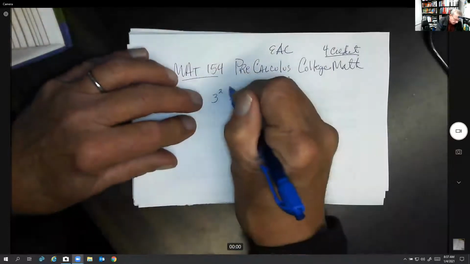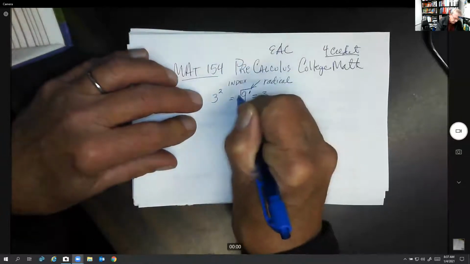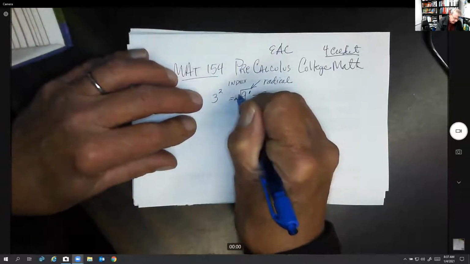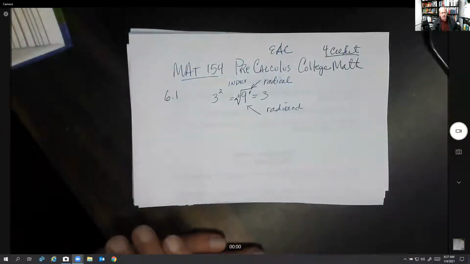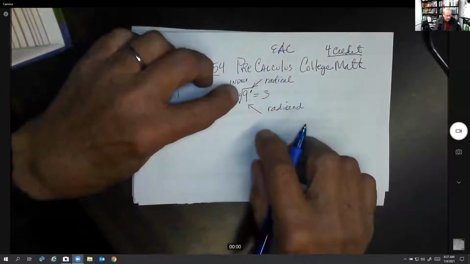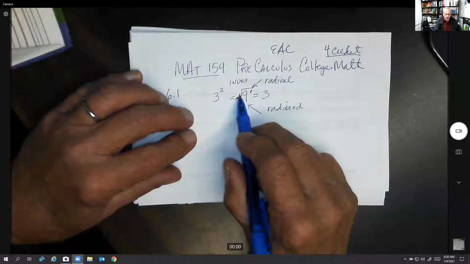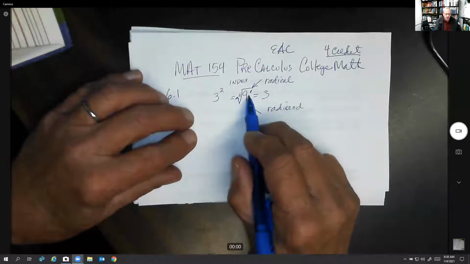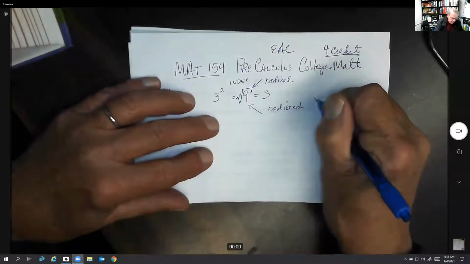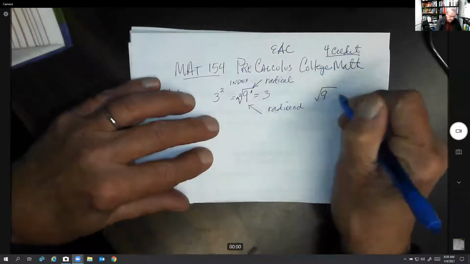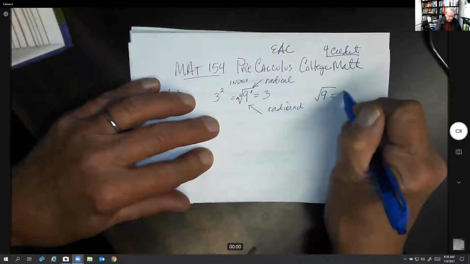And it has something called an index. An index is the number in front of this, and it kind of squeezes right in here, and it's a 2. But over a period of time, we have stopped writing the 2. We don't put this 2 down anymore by convention, so we just understand it to be there. And we don't usually write the power unless we need to.